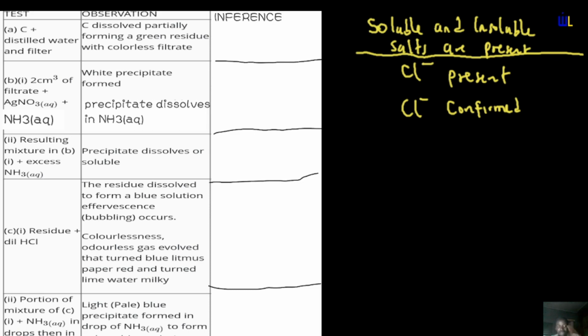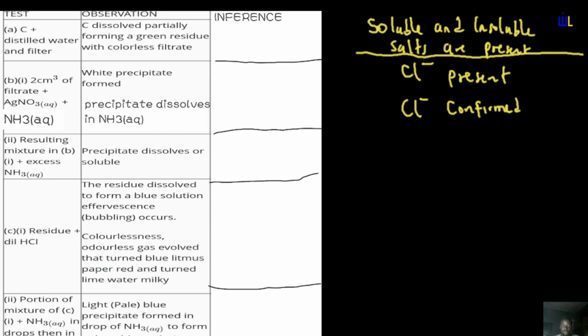Once you see lime water milky, there is no need for argument. You are dealing with carbon 4 oxide, which was produced from a carbonate ion. So when you get to that particular part, how are you going to represent it? Quite simple.